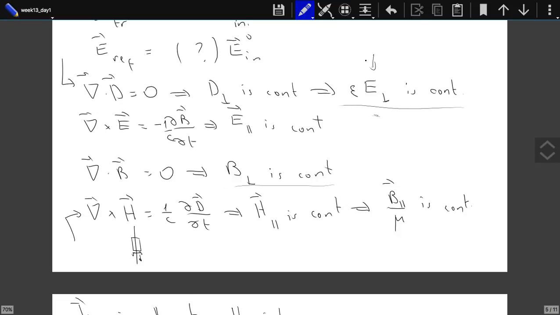Okay, I understand that the derivations are kind of boring. It's something that you have to do once in your lifetime. So we have this one. We have the case in which the B will be parallel to the plane of the interface. We also need to study that case. And after that one, we will look at what happens if we have a conductor.